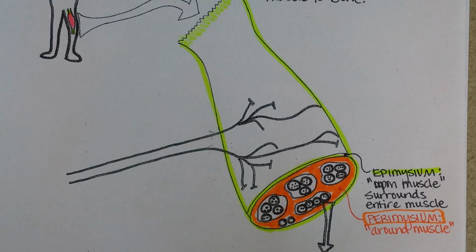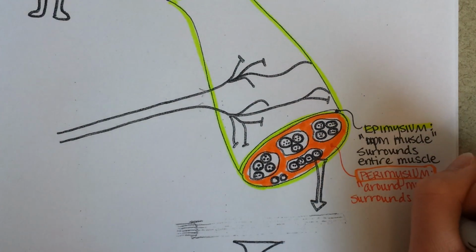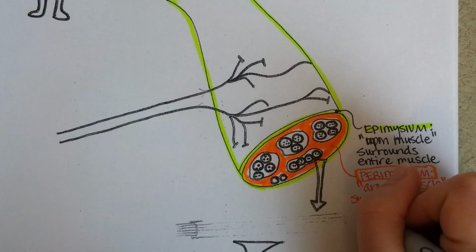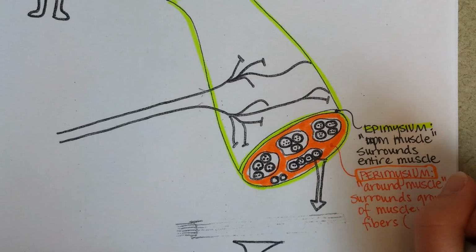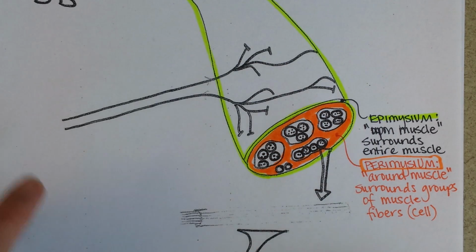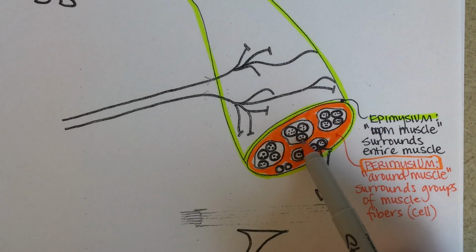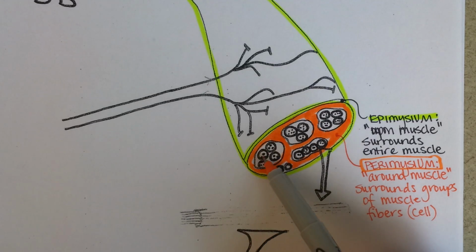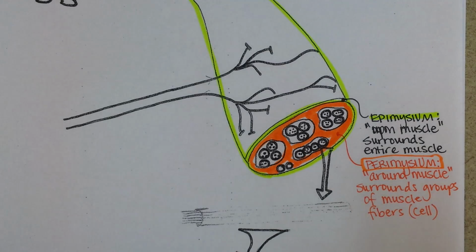And it surrounds groups of muscle fibers. And when I say muscle fiber, I mean a cell. I just was looking this up and found out that the rectus femoris has about 1 million muscle cells within it. So in my little drawing, I made 1, 2, 3, 4, 5, 6, 7, 8, 9, 10, 11, 12, 13, 14, 15 muscle cells. Well, imagine instead that it has 1 million muscle cells.